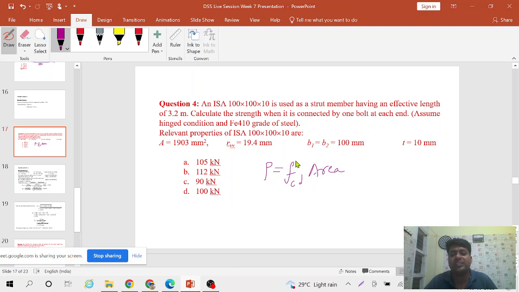You have to calculate the value of fcd. Now first of all, see, the value of fcd depends upon what parameter? Sir, it depends on the non-dimensional effective slenderness ratio. Okay, the value of phi and lambda. So you have to calculate the value of phi and lambda first.